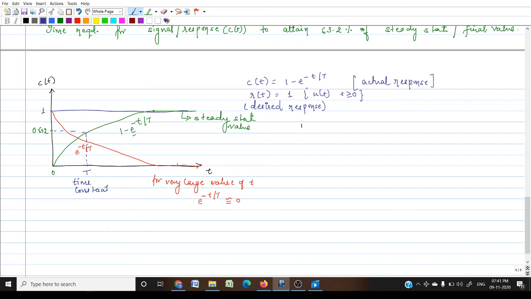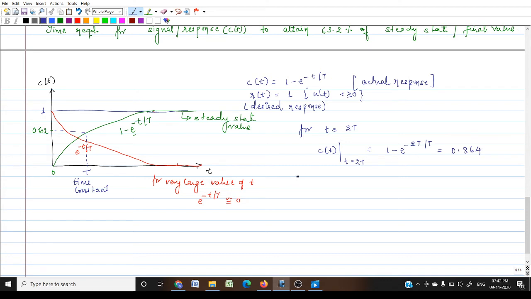Similarly, for t equal to 2 times the time constant, the c of t value will be equal to 1 minus e to the power minus 2t by tau. When we simplify this, we get around 0.864.